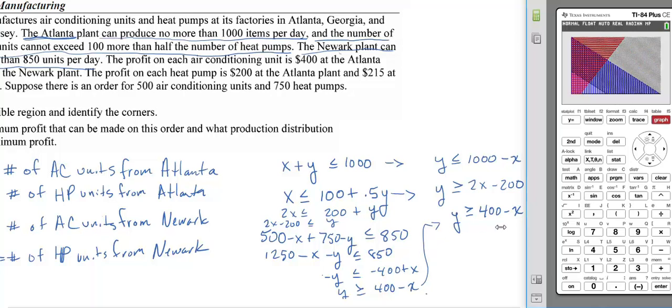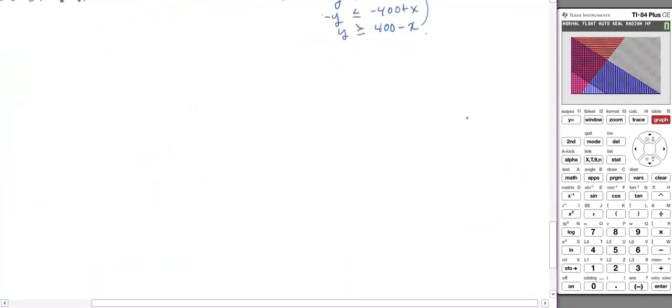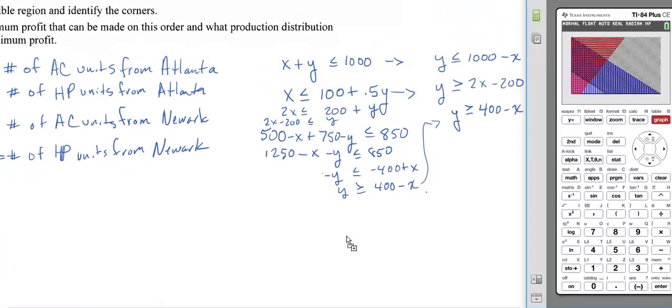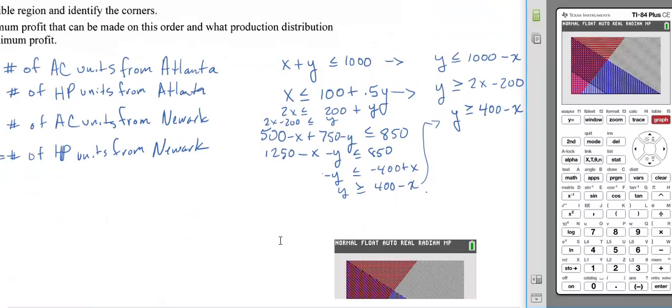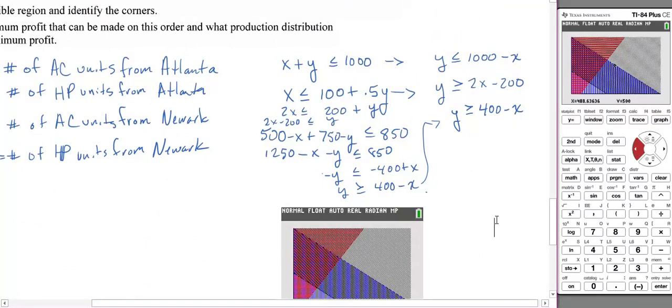And we can see the feasible area now in that window. We'll go ahead and pull that over. We want to try and find the corner points. So here we go on the calculator.